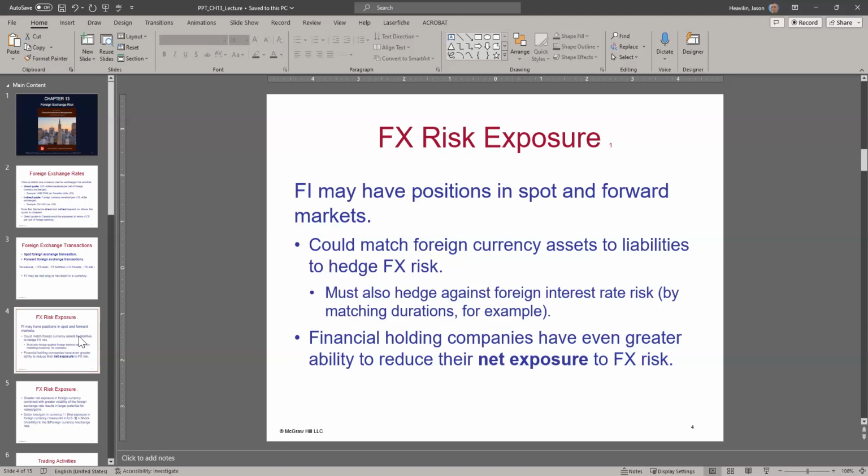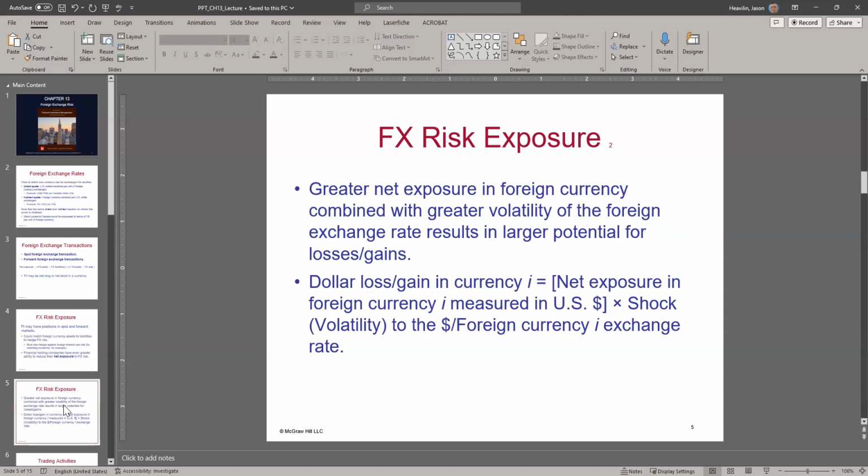It's not that it's easier, they have more opportunity, and a big piece of it is because there's a lot of cash involved. So it's easier to match, or more opportunities to match. Foreign exchange risk exposure. So more detail.